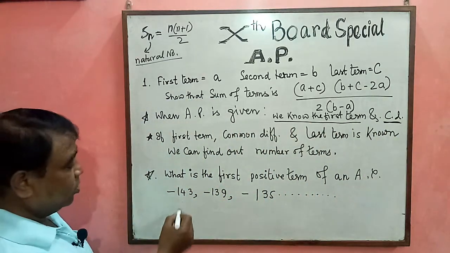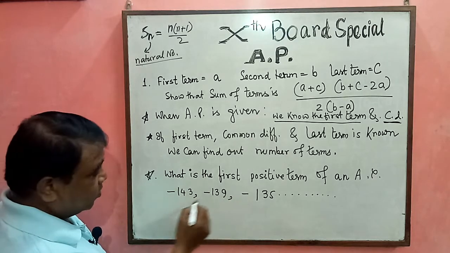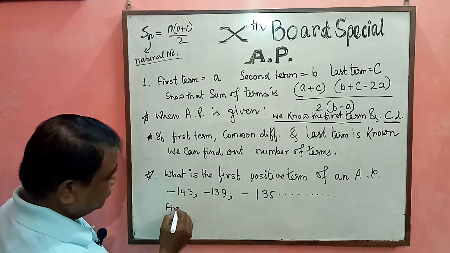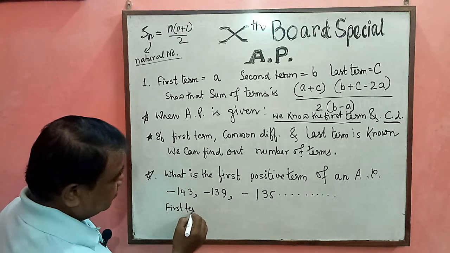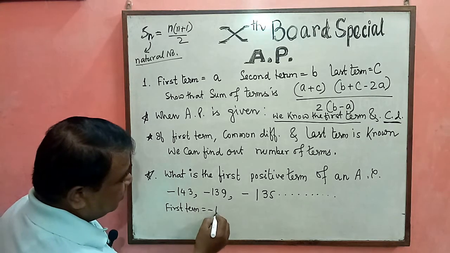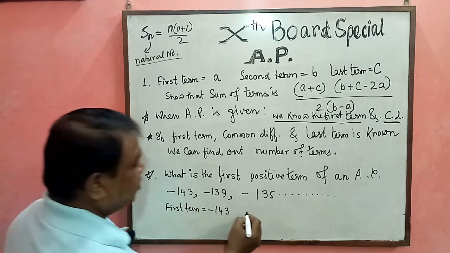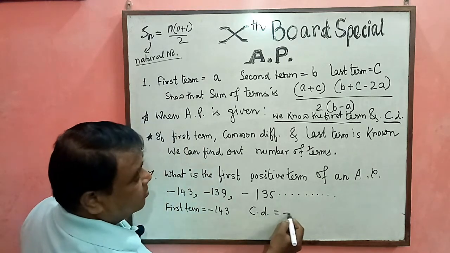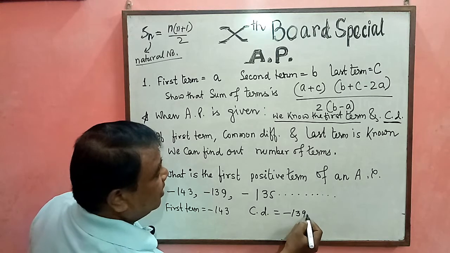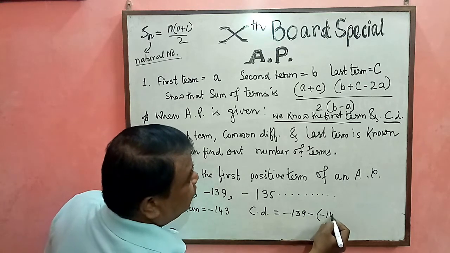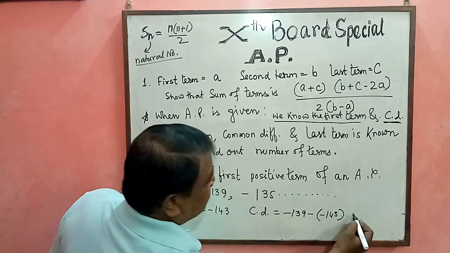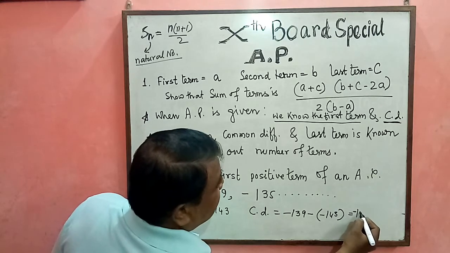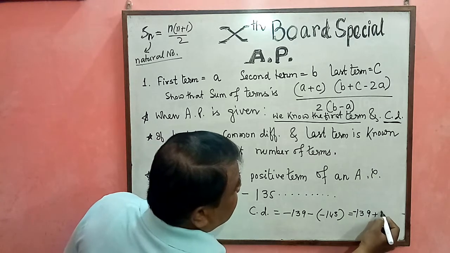How? Here you see. First term, it is known to us. It is minus 143. Common difference is the second term minus the first, that is minus 139 minus minus 143. This is minus 139 plus 143.